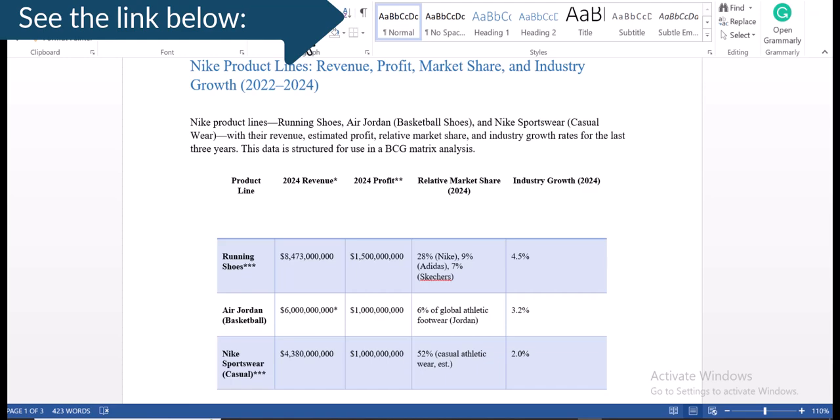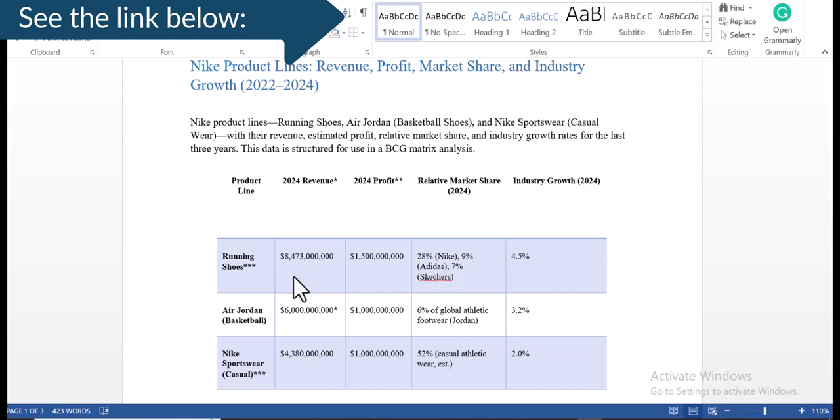Okay, now we are going to use the Nike case in order to design the BCG matrix. This table shows that we are taking three product lines: the running shoes, Air Jordan, and Nike sportswear. Each product line has its related revenues, profitability, relative market share, and industry growth. You know that we need all this information for the BCG matrix.